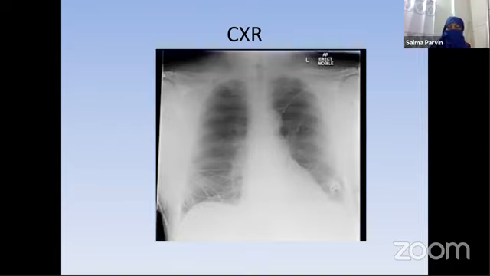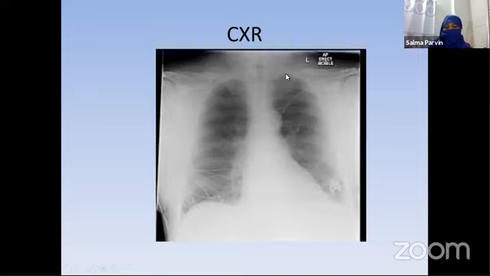You see that this film is of a patient lying on his back, having multiple wires like ECG leads and JVP wires. So this is a critically ill patient, taken in a lying position. We are here to describe the AP films.